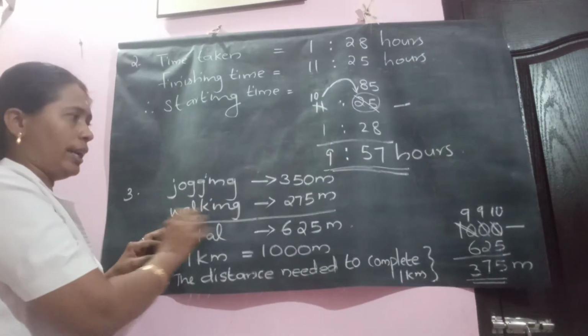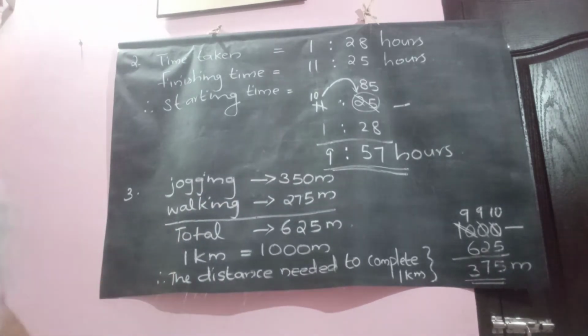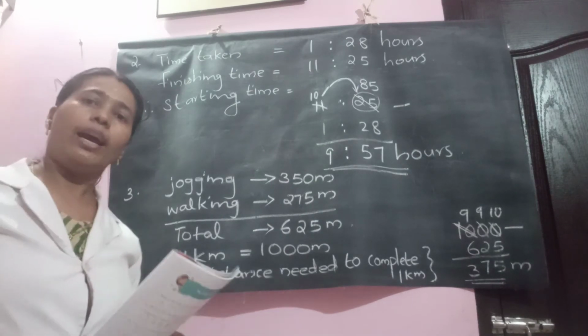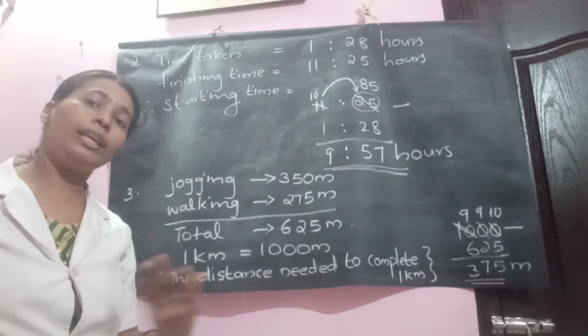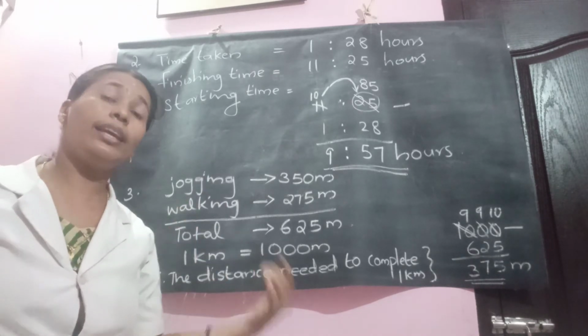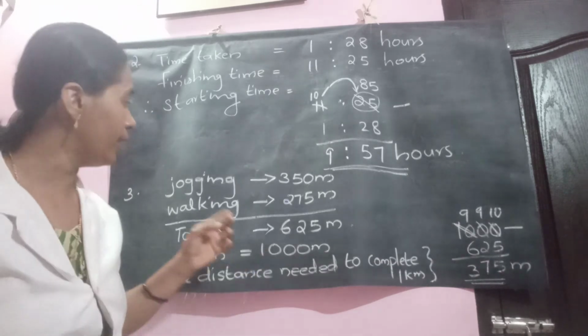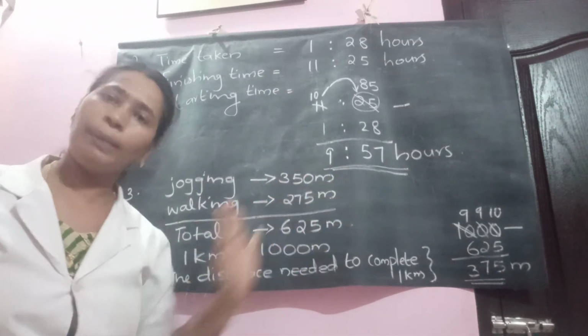Let me see the third question. Aditya jogging time. See how much distance he covered while jogging. While jogging, he covered a distance of 350 meter.